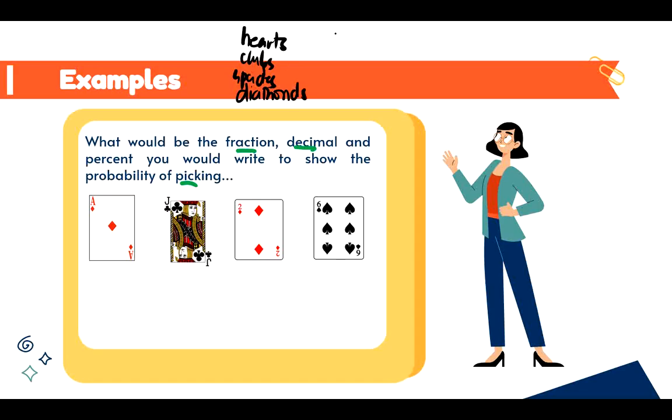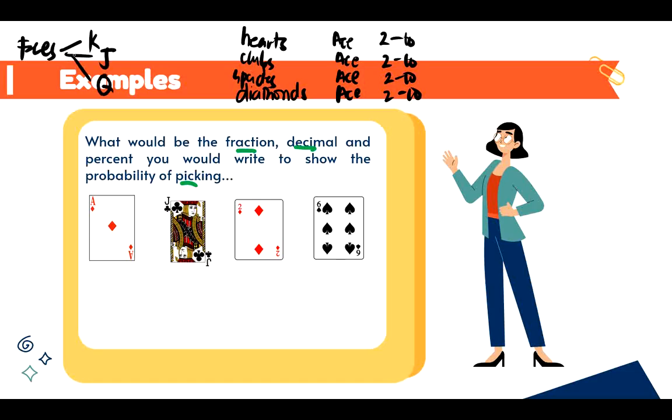Okay? All of them have one ace, and all of them have numbers 2 to 10. In terms of faces, we have king, jack, and queen.